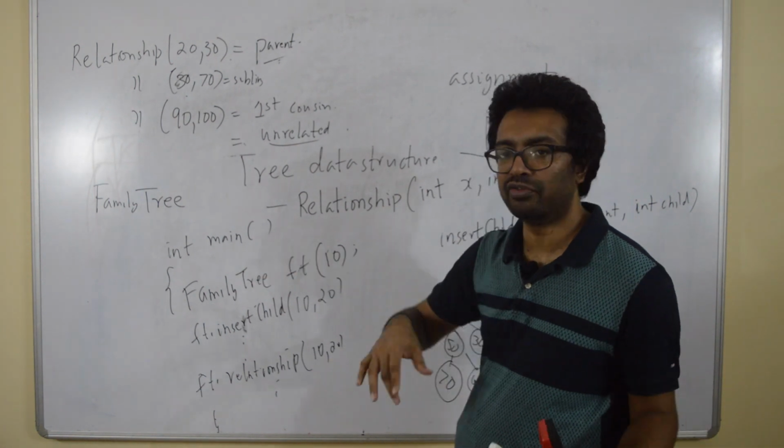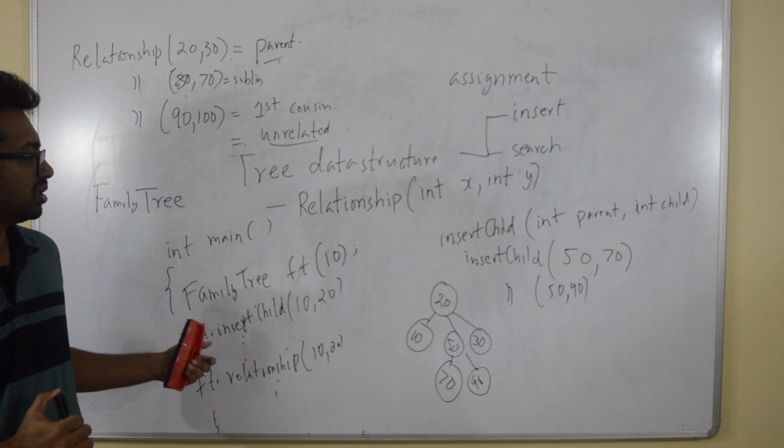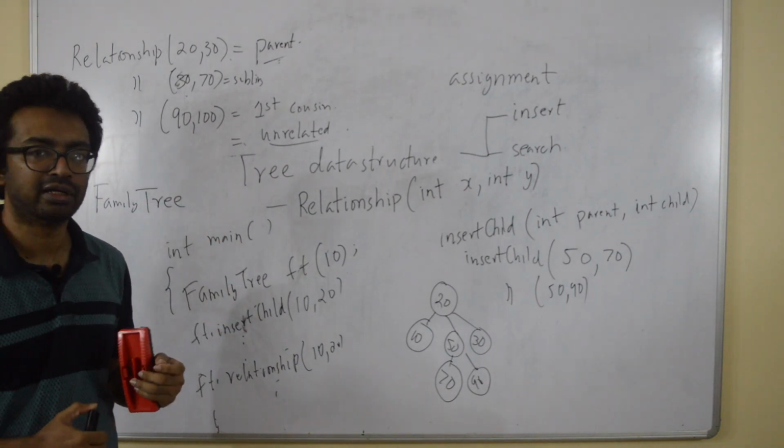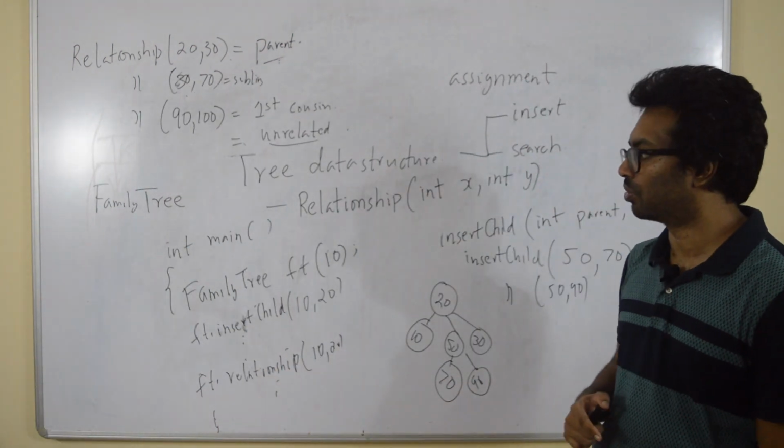This main function will be copied into all of your code, and we will check. We are going to use this main function, but we will just change the family tree class, and that's how we are going to check for program correctness.